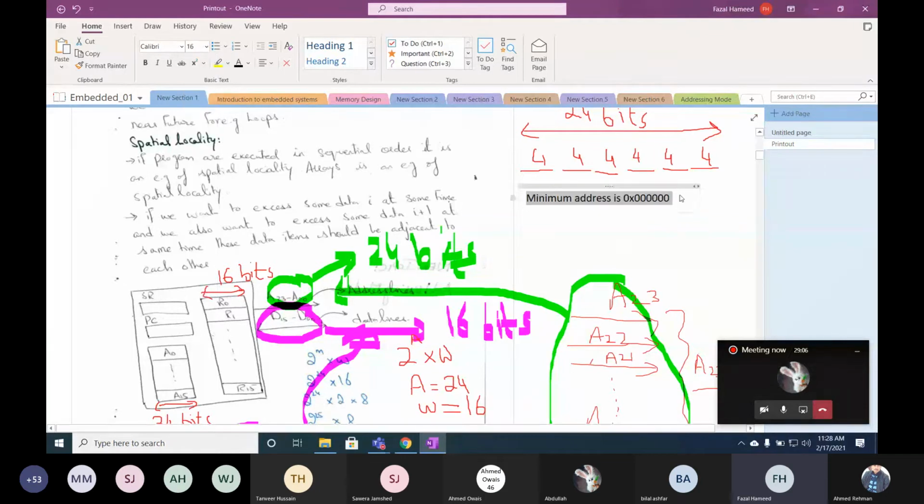What is the maximum address? 0xFFFFFF. Which representation is this? Hexadecimal. Okay, so the maximum address is 0xFFFFFF.